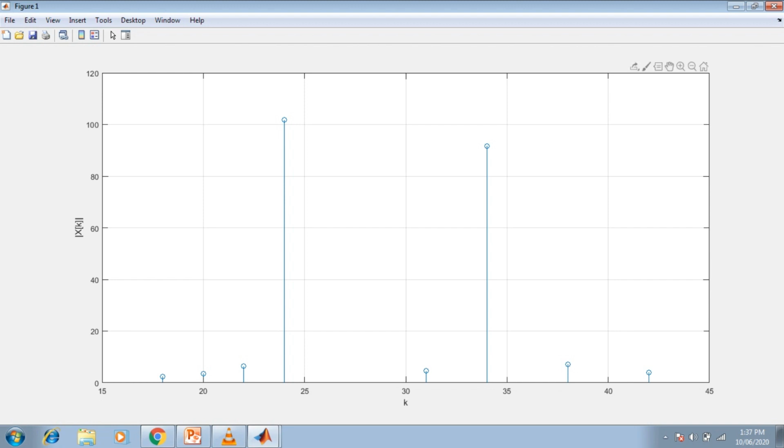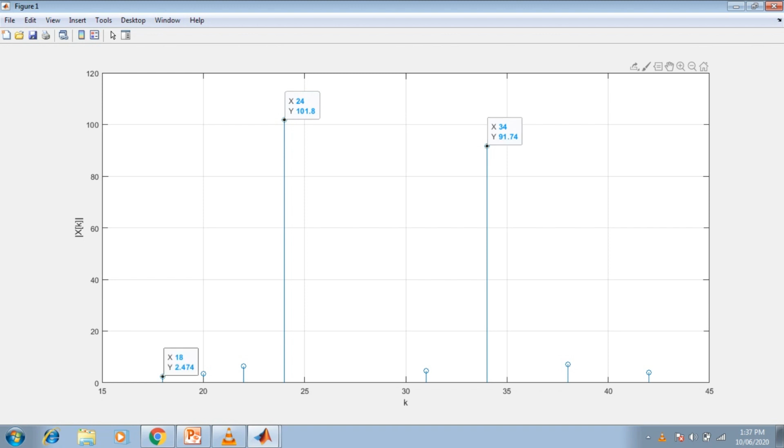The most prominent component that we have detected is at y value 101.8, the magnitude obtained for x equal to 24. The second prominent component is at x equal to 34, whereas the magnitude y value is 91.74.